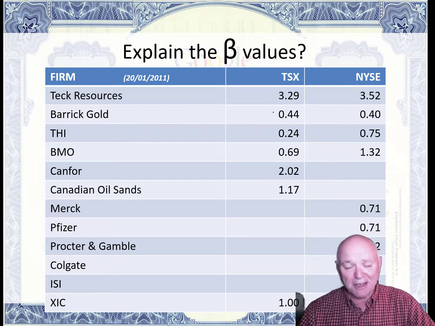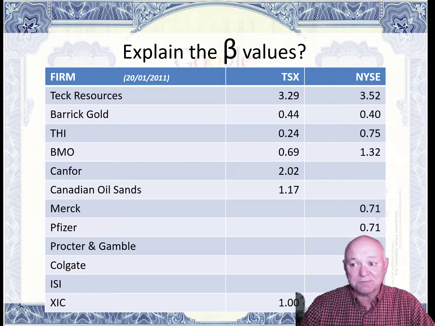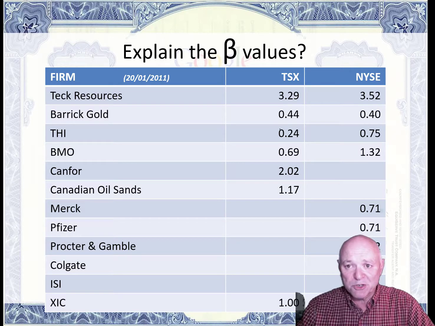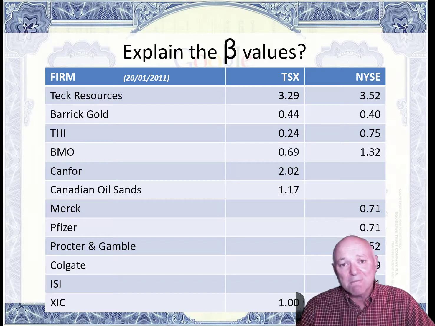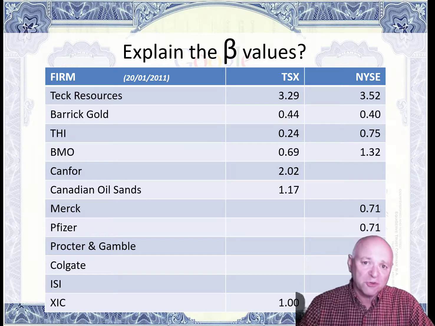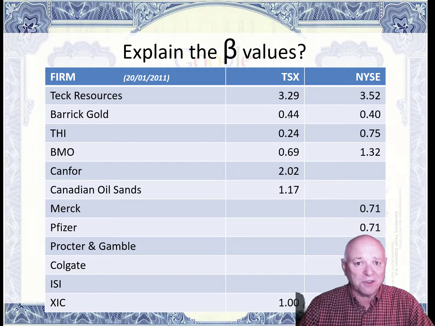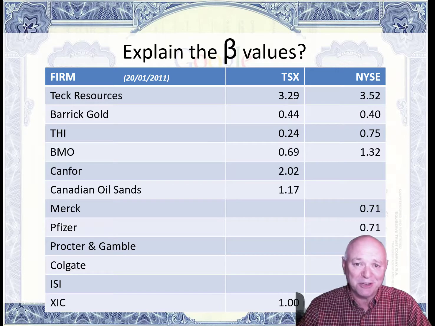And you can explain that because Teck is, even for a resource index like the Toronto Stock Exchange, quite volatile. They produce copper, they produce coal. Those are things that go up and down with shifts in the market. They're very volatile. They tend to push themselves and the markets up and down.